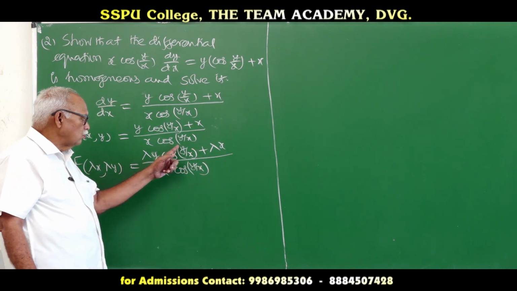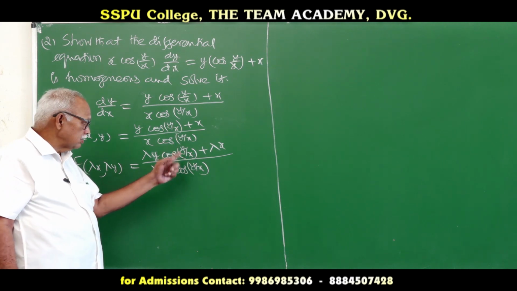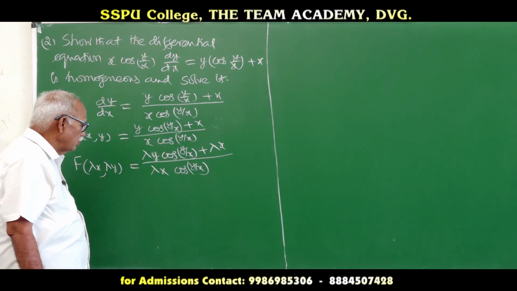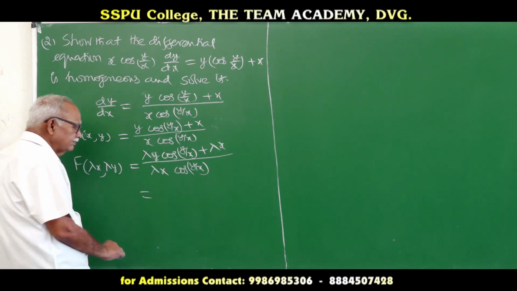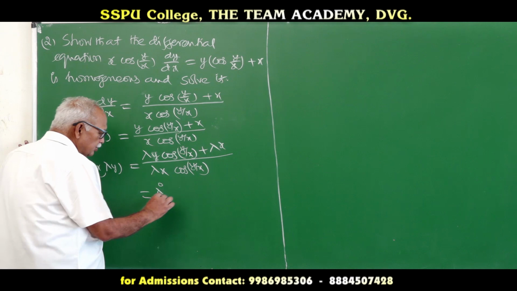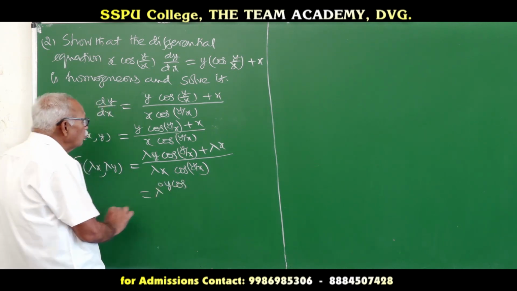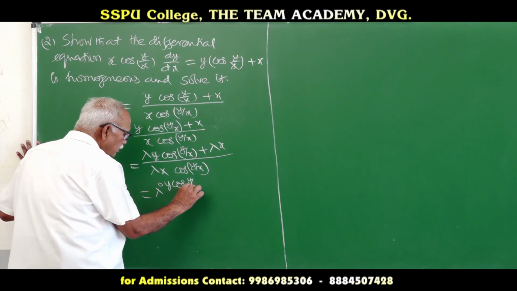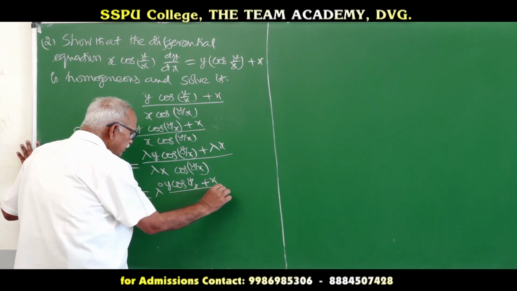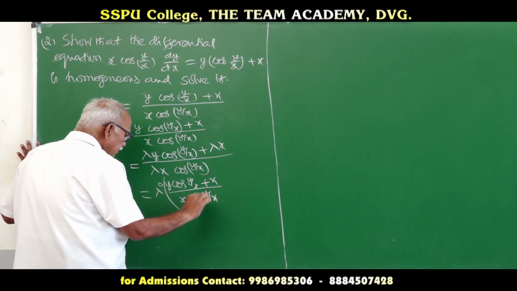So, here also lambda y, here also lambda x. So, lambda lambda cancels, so y by x will be there. Now, what is this? Lambda cancels, you can get lambda power 0 into y cos of y by x plus x divided by x into cos of y by x.